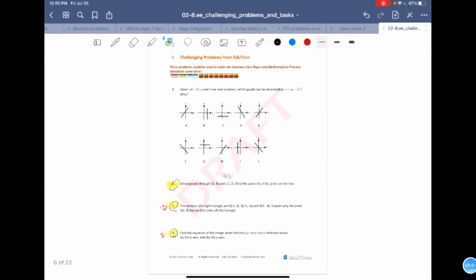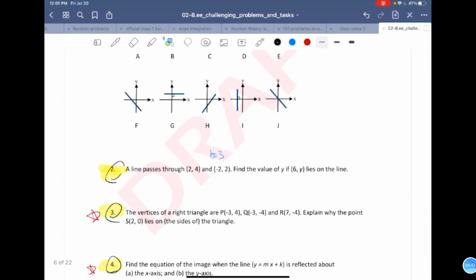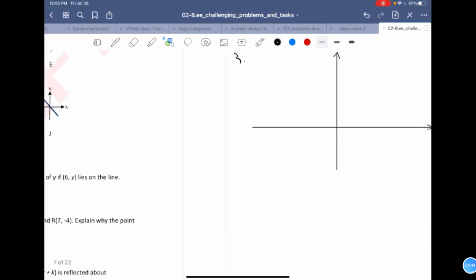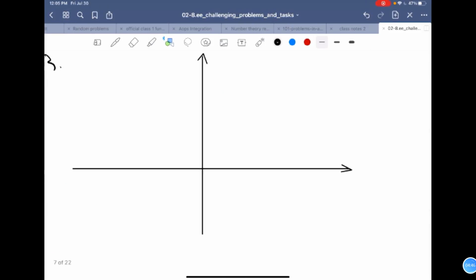Right, -3, 4, -3, -4. Alright, sorry. -3, 1, 2, 3, 4. Okay, here's the point (-3, 4).